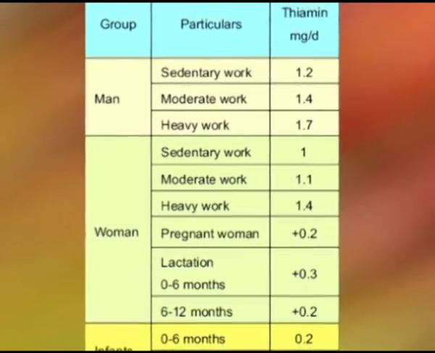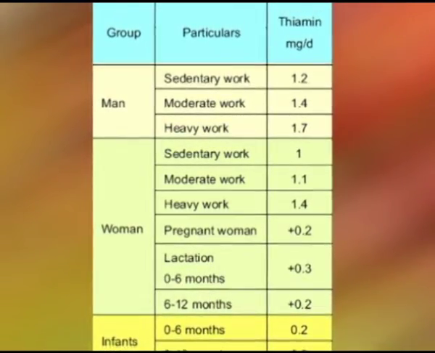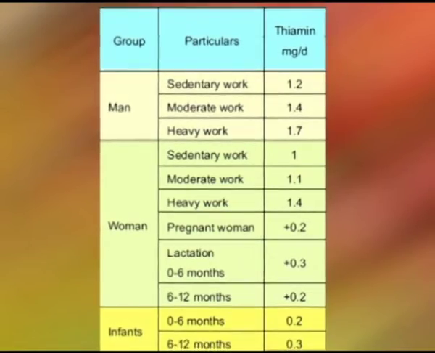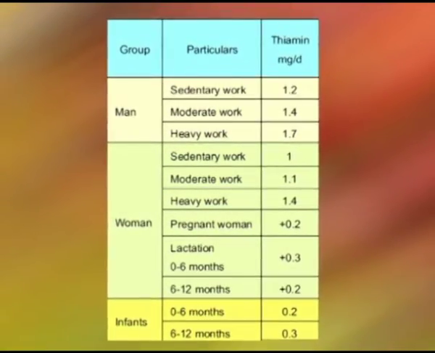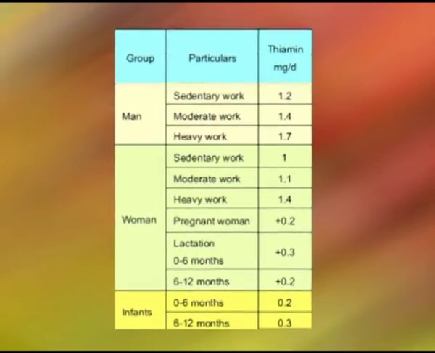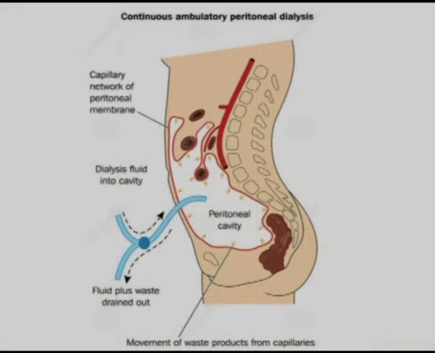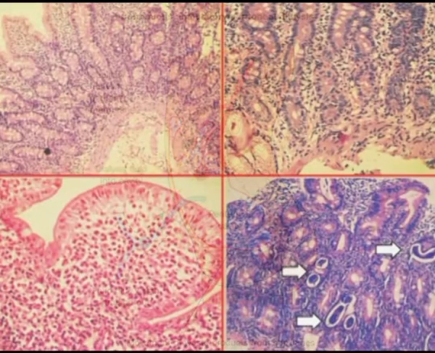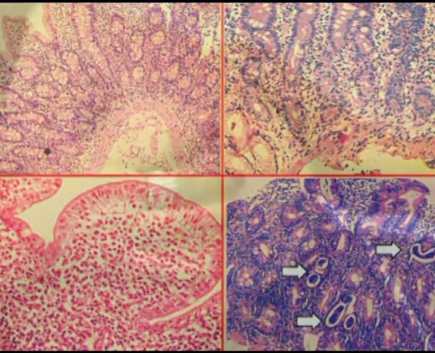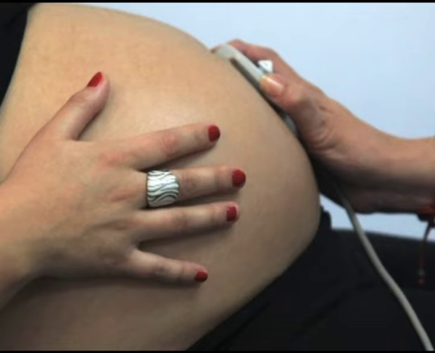The recommended dietary allowance for thiamine is between 1.2 and 1.7 milligrams for men, 1 and 1.4 for women, with an increase of 0.2 milligrams per day for pregnant women and an increase of 0.3 milligrams per day in lactating women. It should be noted that increased needs exist in persons being treated with hemodialysis or peritoneal dialysis and individuals with malabsorption syndrome, women carrying more than one fetus and women nursing more than one infant.